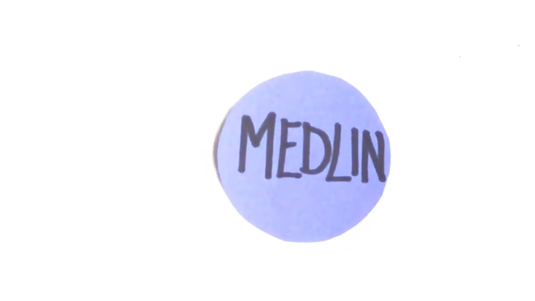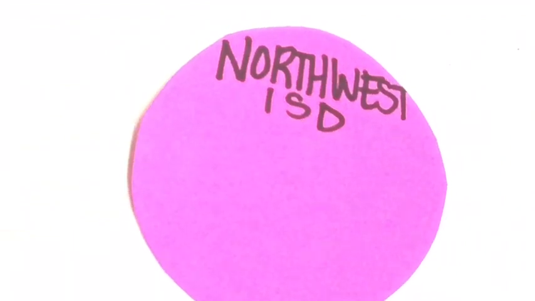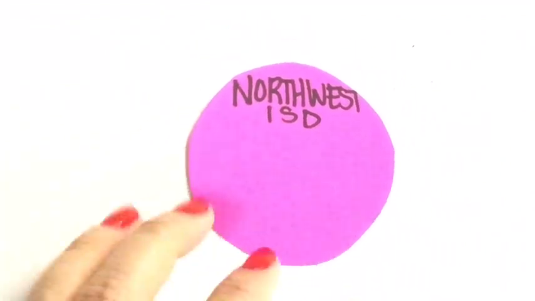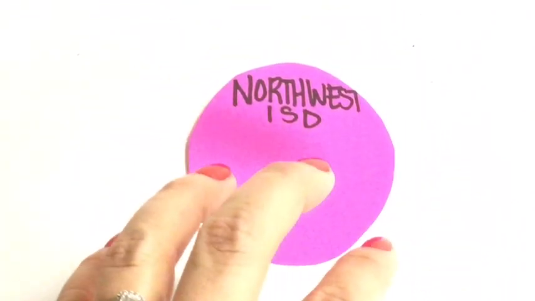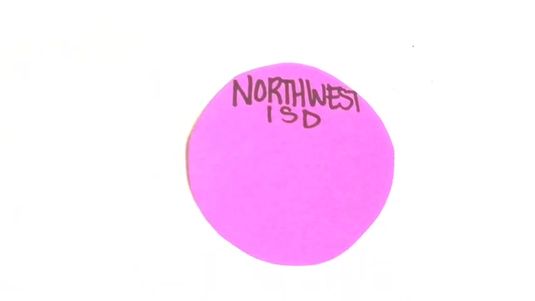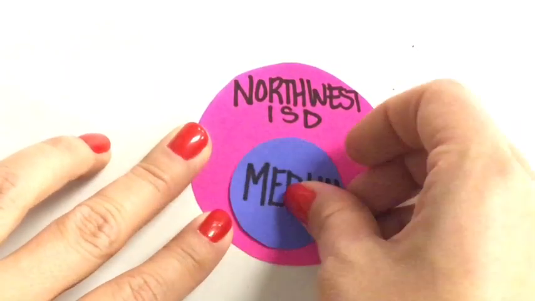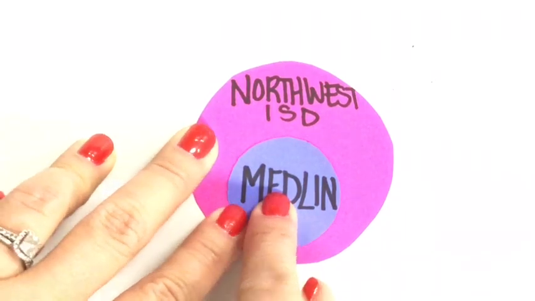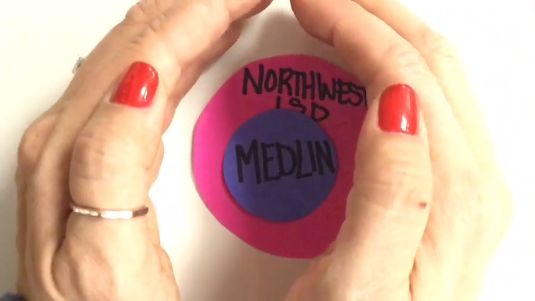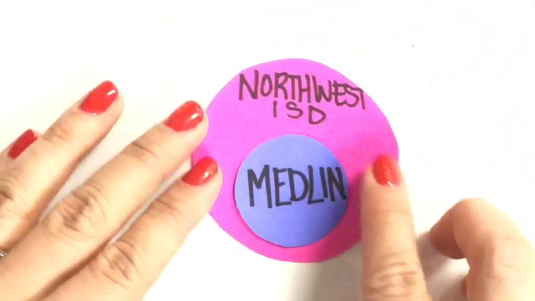But what is also true is that we are all part of Northwest ISD. But everyone that's part of a Northwest ISD is not necessarily part of Medlin. So it makes sense that although we are Medlin, we are also in Northwest ISD, but Northwest is bigger than just Medlin.